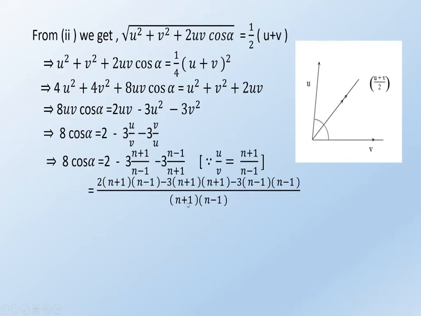If we divide the LCM by 1, then we get (n plus 1) into (n minus 1), and if we multiply it by 2, then we get this. For the second term, if we divide the LCM by (n minus 1), then we get (n plus 1). If we multiply it, then we get 3 into (n plus 1) into (n plus 1). Similarly, we get the third term.